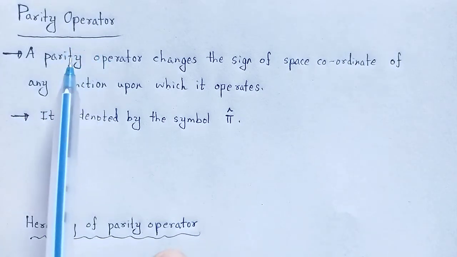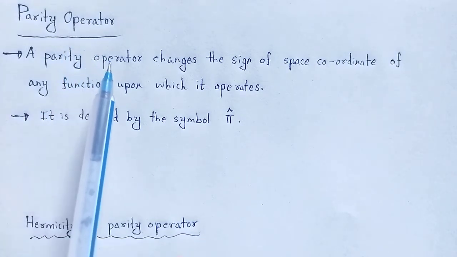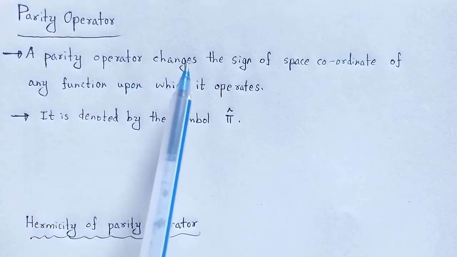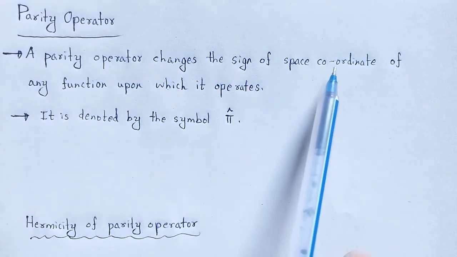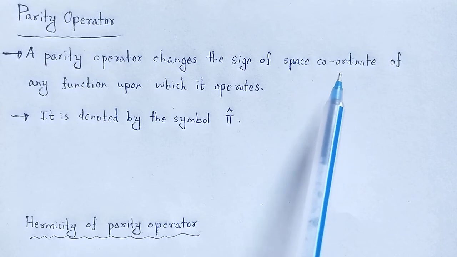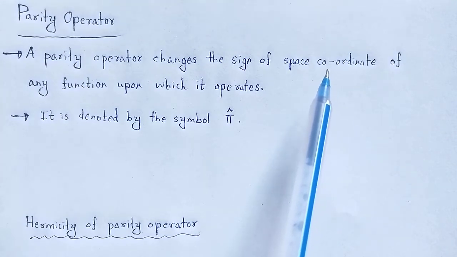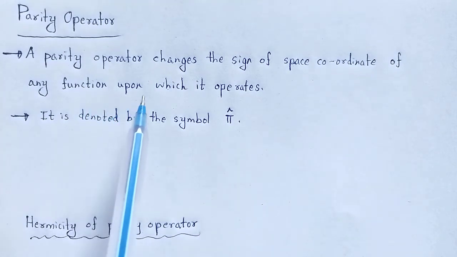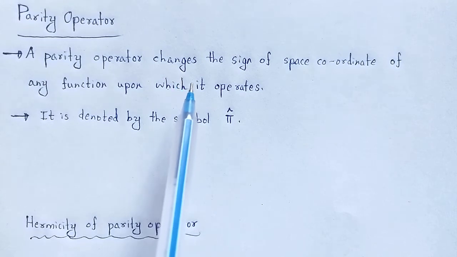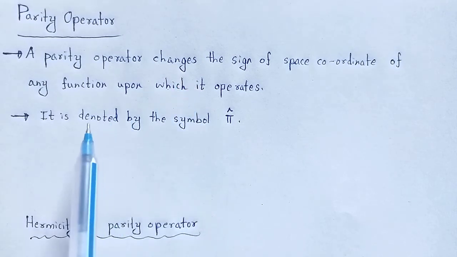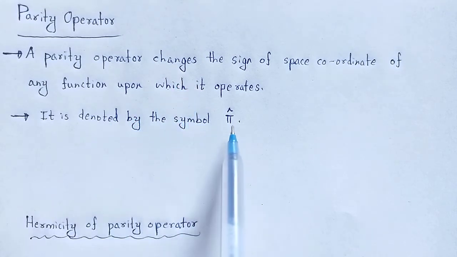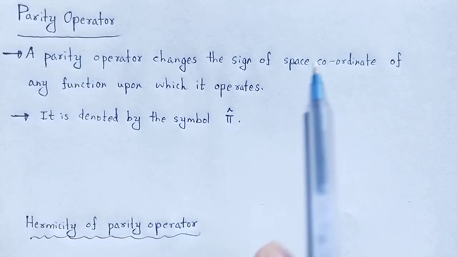Parity operator. A parity operator changes the sign of the space coordinate of any function upon which it operates, and it is denoted by the symbol pi cap.